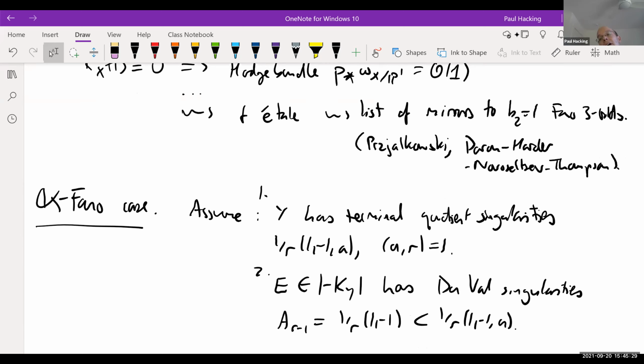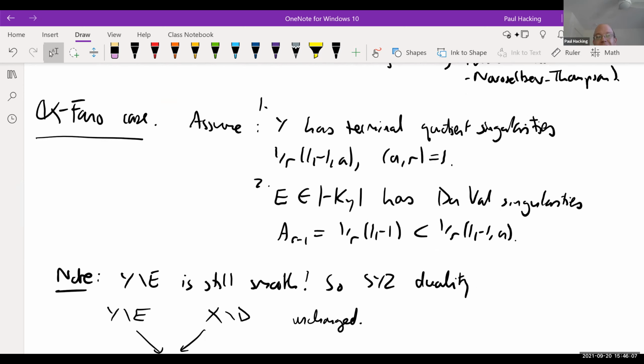Specifically, it will have a Du Val singularity of type A_{R-1}, so 1/R(1,-1), included as a linear section of each of these orbifold singularities on Y. So that's the best possible situation, but there are some general theorems in this direction by Taro Sano and other people that you can always deform to this situation with a few exceptions, I believe.